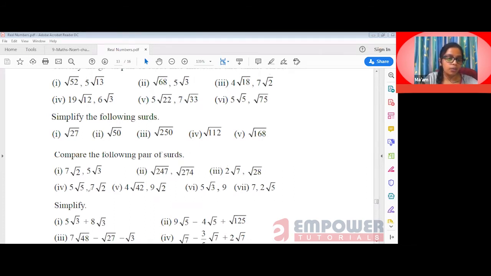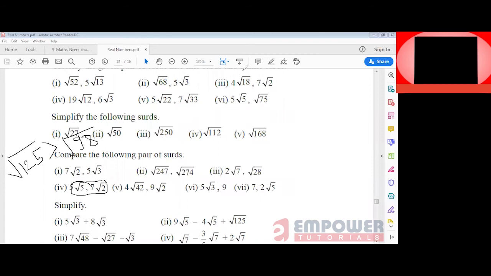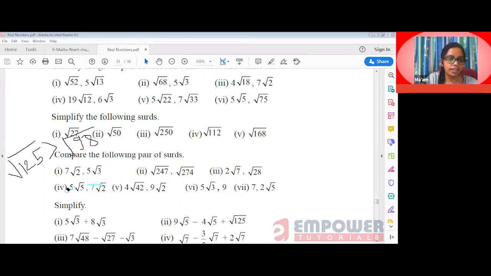Okay. What about this? So this will be root 125. First one. What about the next one? Root 98. So this one is greater. That means 5 root 5 is greater than 7 root 2, right?